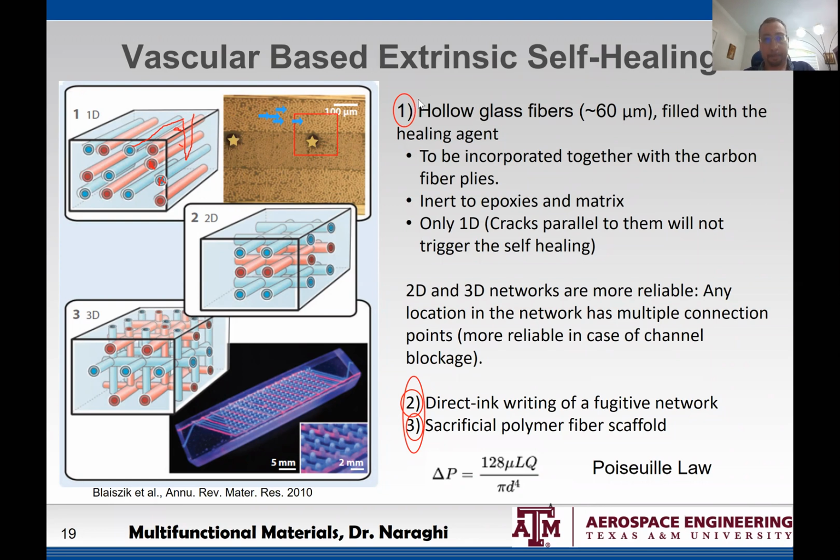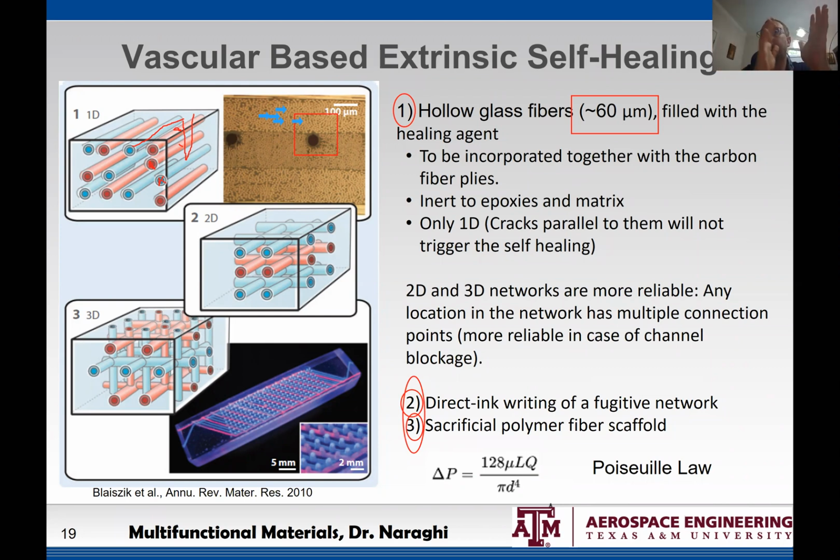One problem with these microvascular networks that you will see over and over again is that the diameter of these microvascular networks is on the order of tens of microns, sometimes hundreds of microns. Now, the diameter of a glass fiber or a carbon fiber is about 5 microns.